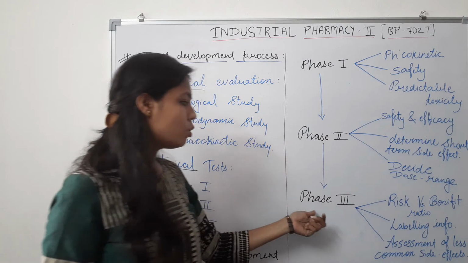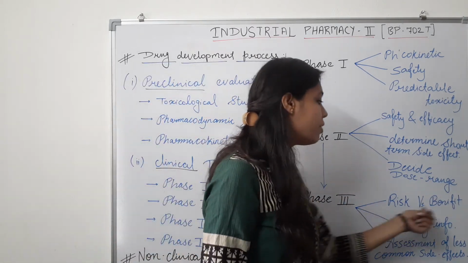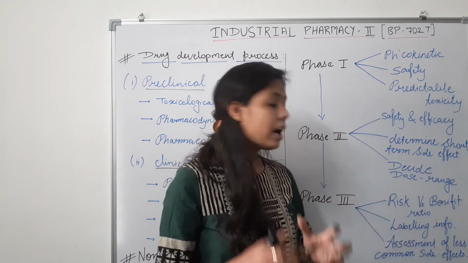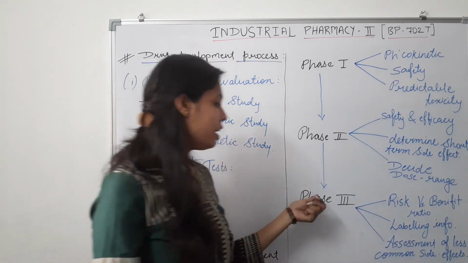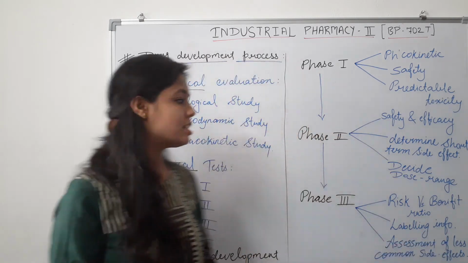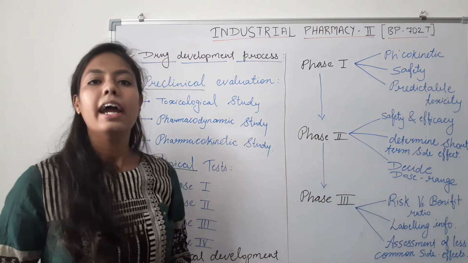In phase 3, we discuss the risk versus benefit ratio or any other required labeling information, and also assess the less common side effects which are generally not noted in phase 1 and phase 2.